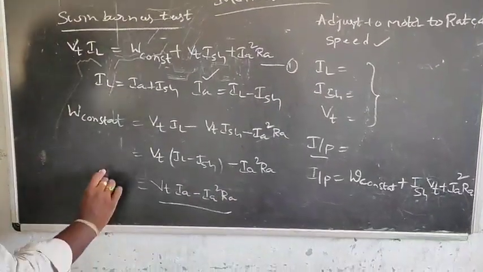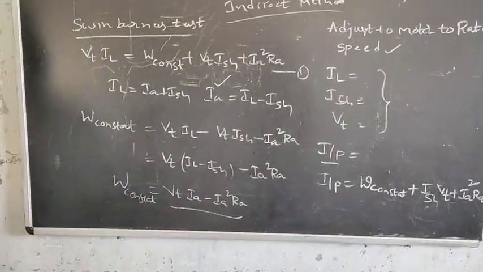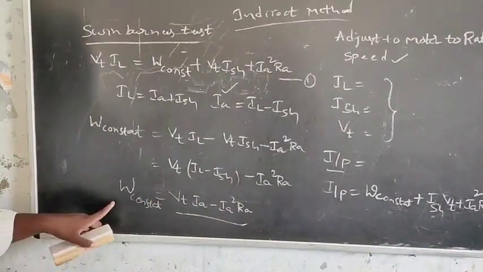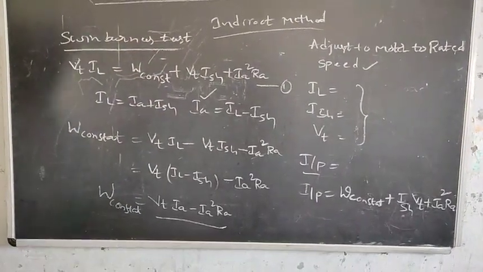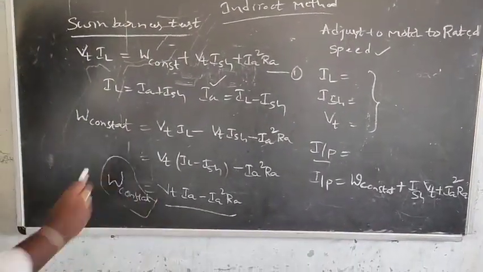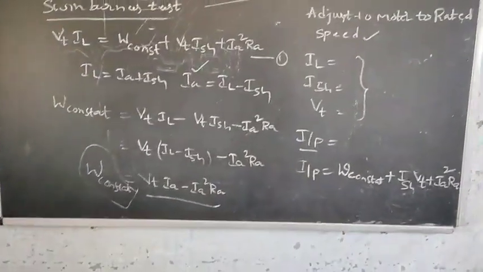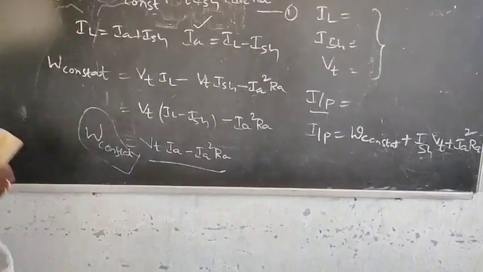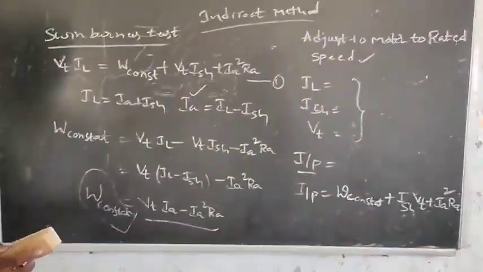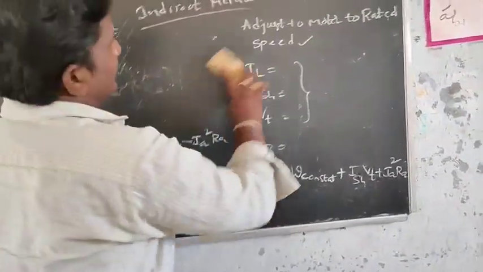So finally, from Swinburne's test, we get the W constant losses. After getting the W constant, we can calculate the efficiency of the motor as well as the generator.